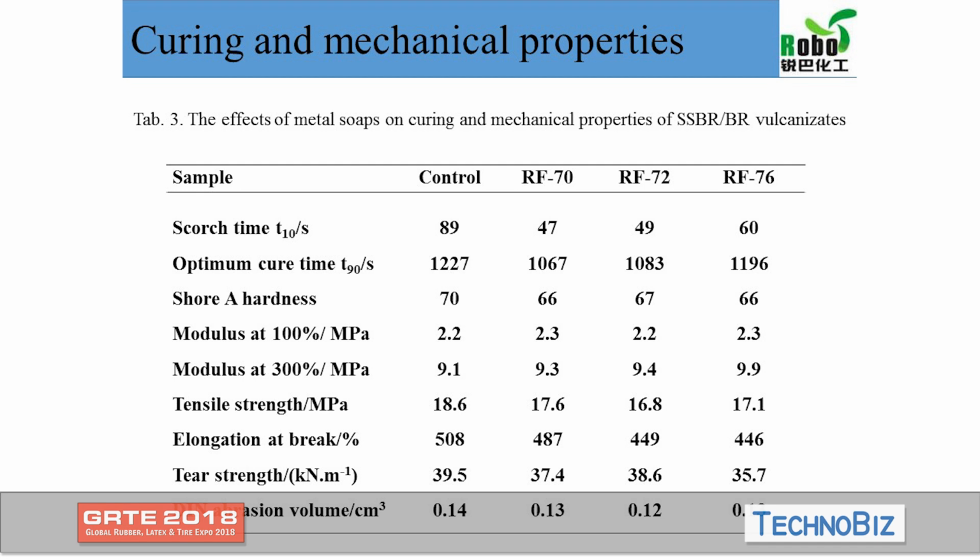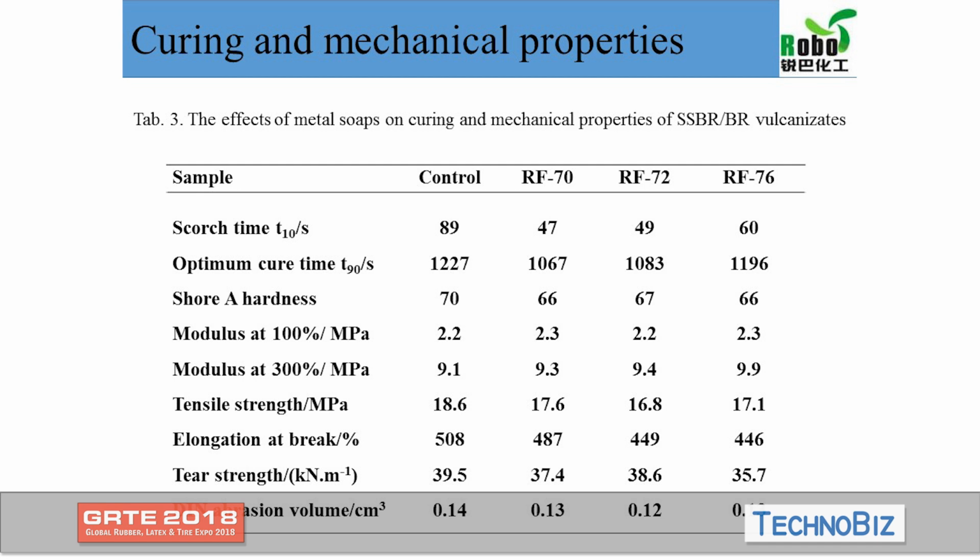From the table, we can see that metal soap shortens the scorch time and the optimal curing time. The modulus at 100% and the modulus at 300% increase slightly, whereas the tensile strength, the elongation at break and the tear strength decrease to some extent. This may be related to the higher cross-link density of the vulcanizate.